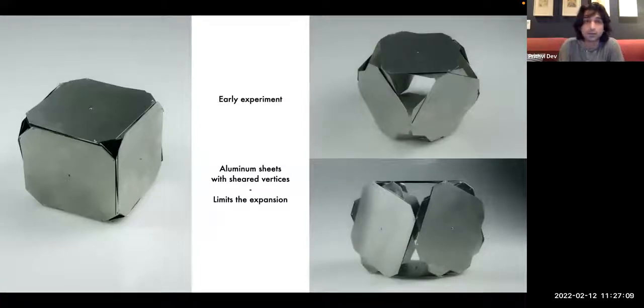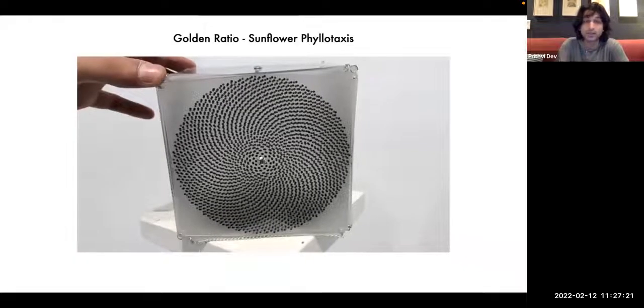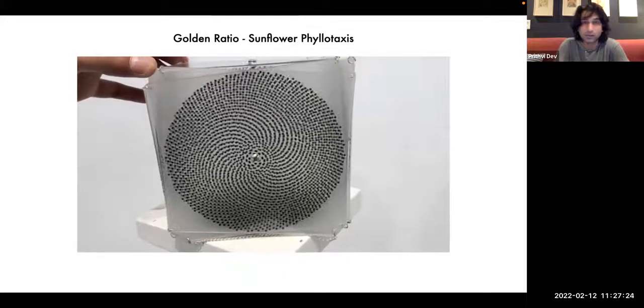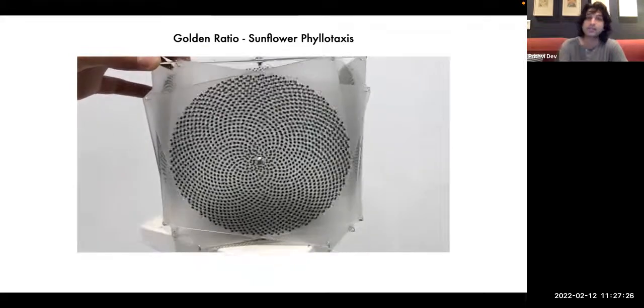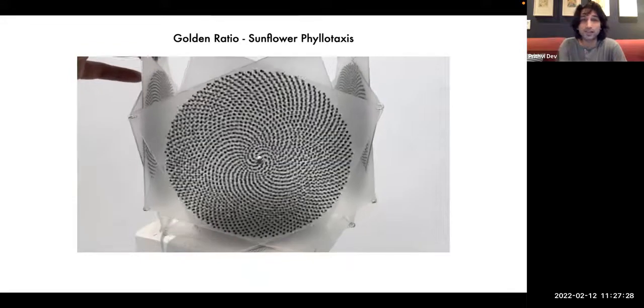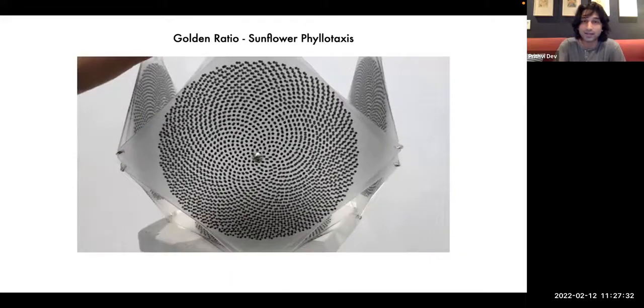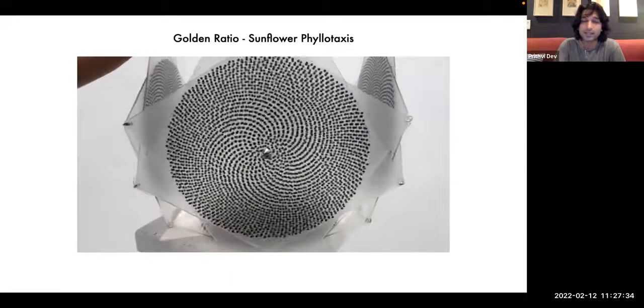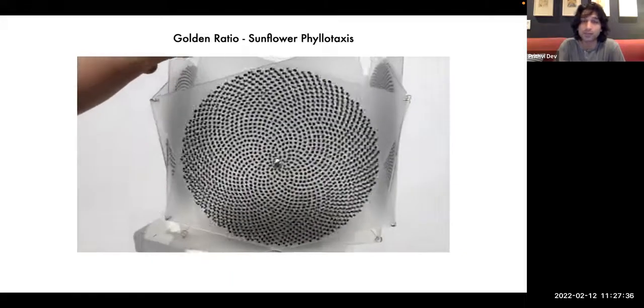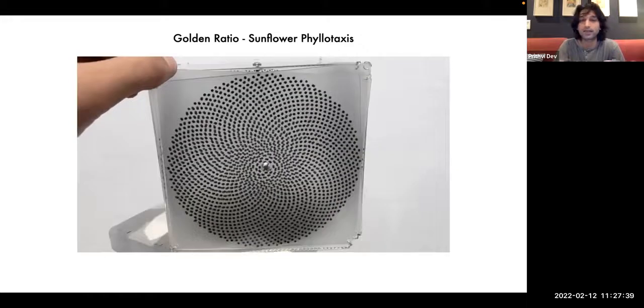Another early experiment with the aluminum sheets was cutting off the vertices, which limits the expansion a bit more. In this case it will not be a full 90-degree expansion, and that's because of the connection system. Of course, the golden ratio sunflower phyllotaxy. Here the Moire pattern does look a lot like if you stare at the sun directly, and that's also because the sun follows the same principles of kinetic energy expanding outwards.